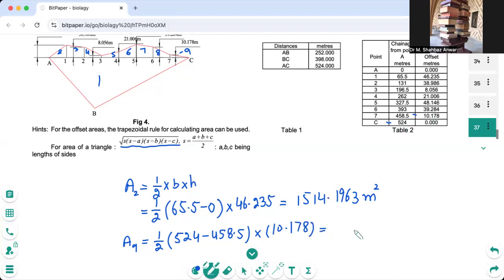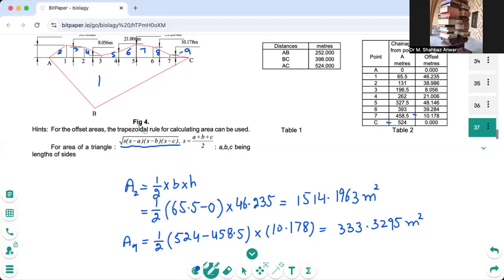This area is equal to 333.3295, up to 4 decimal places. Now, these are our areas.